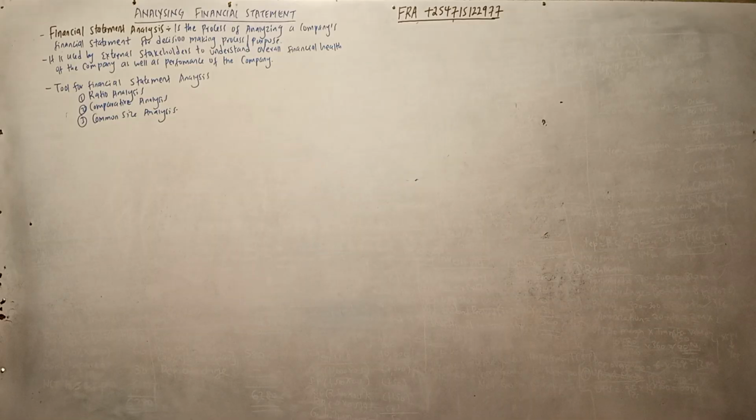When we talk about financial statement analysis, as you can see from the board, it is the process of analyzing the company's financial statement for the purpose of decision making. When a financial analyst analyzes the statement using financial statement tools, for example ratio analysis, comparative analysis, or the common size statement, that process is what we call financial statement analysis.